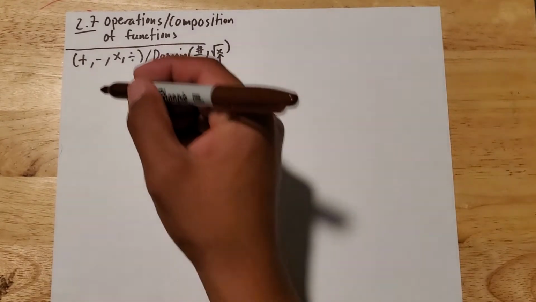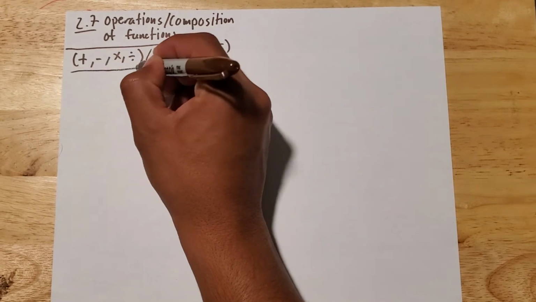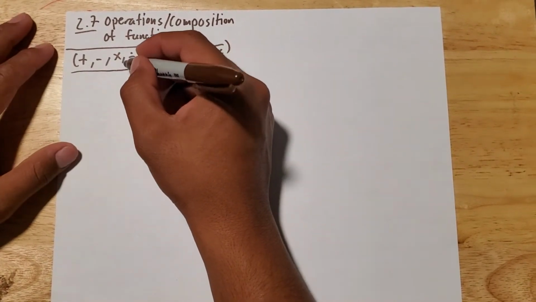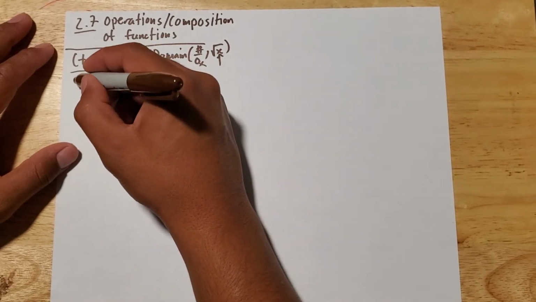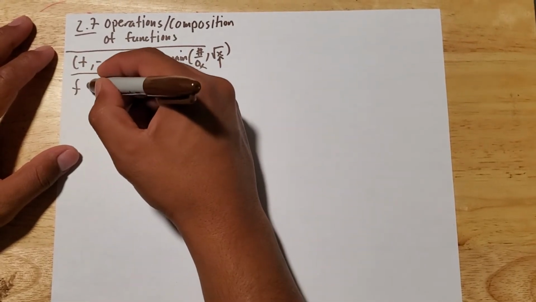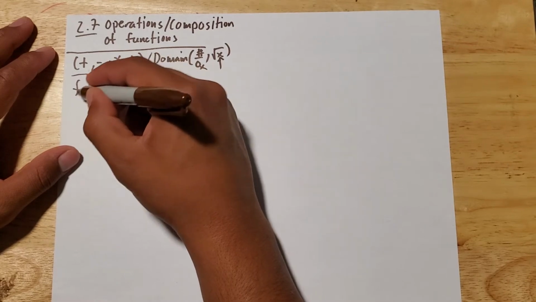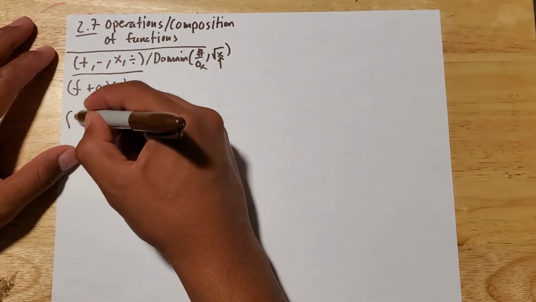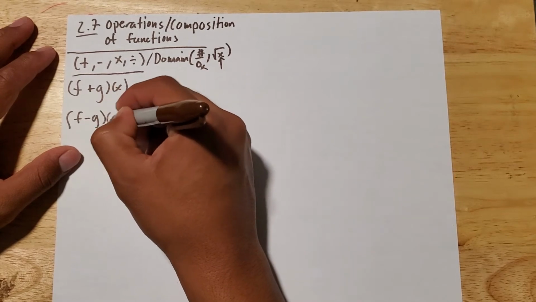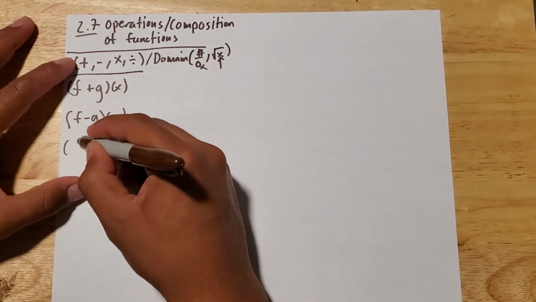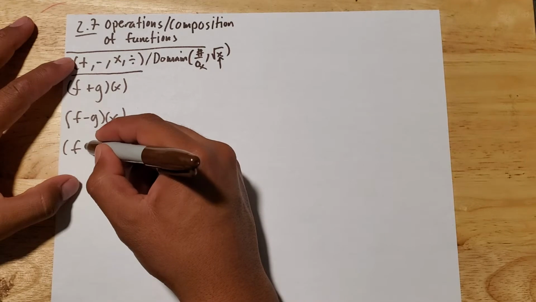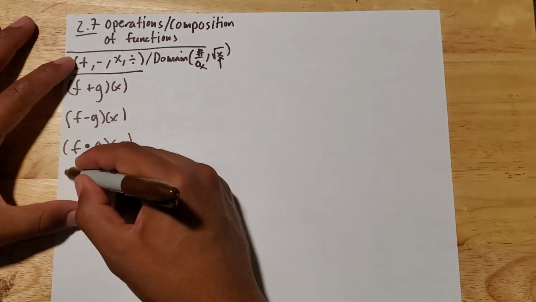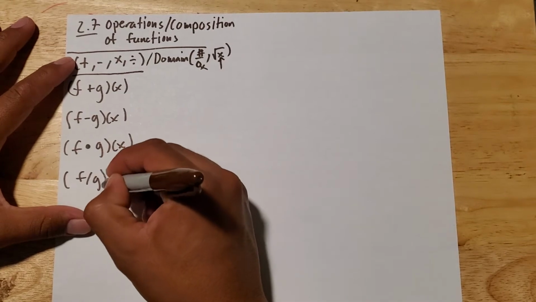Now, the way it's going to work, this division, multiplication, subtraction, and addition, it's going to be like this. We're going to be looking at functions, and we're going to either add the two functions together. We're either going to subtract those functions. We're going to multiply those functions together. Or we're going to divide those functions.